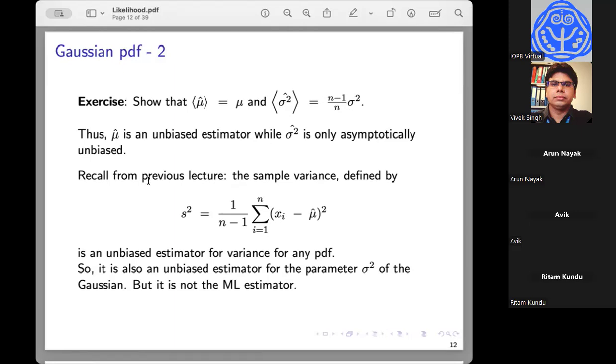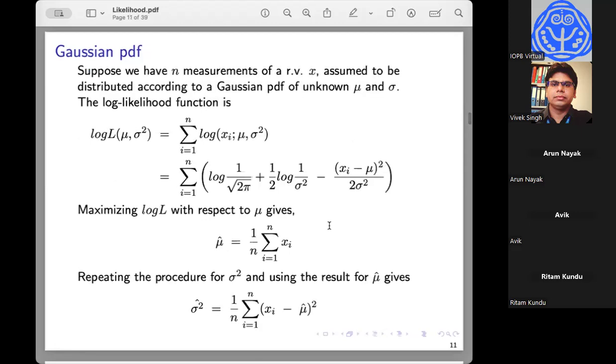And what you were asking earlier, the sample variance with 1 over n minus 1, if you define it that way, it will be an unbiased estimator for the variance for any PDF. But the ML estimator for the variance, which we got from maximization of the likelihood, is not an unbiased estimator.